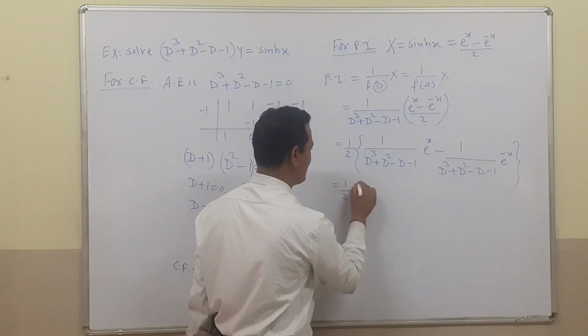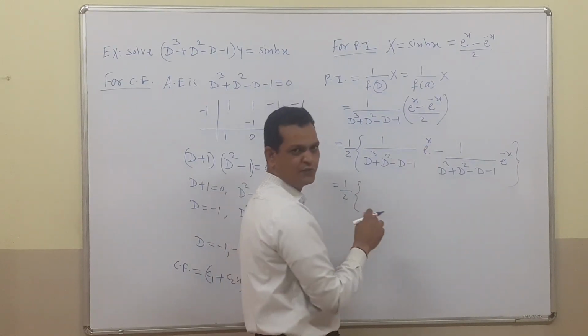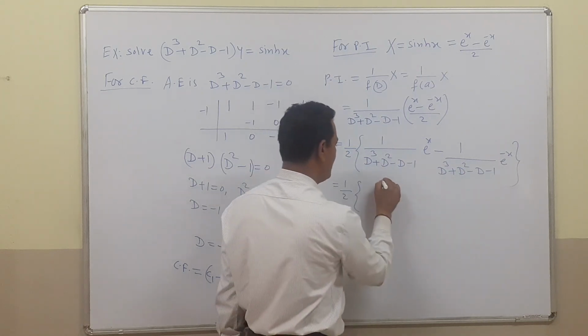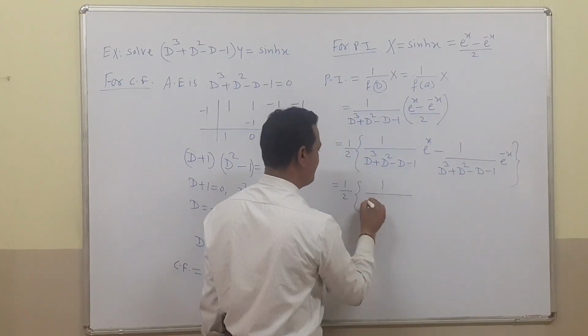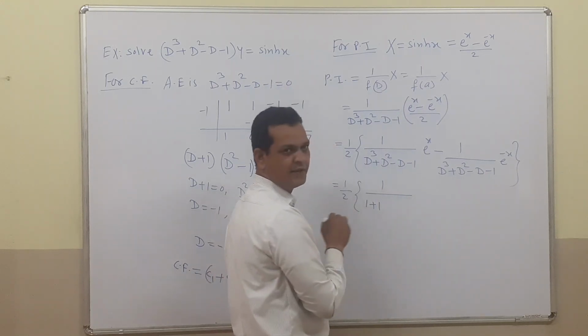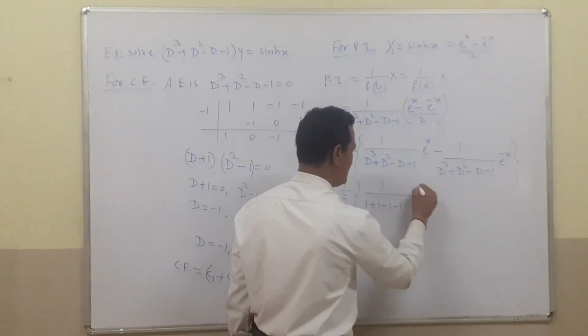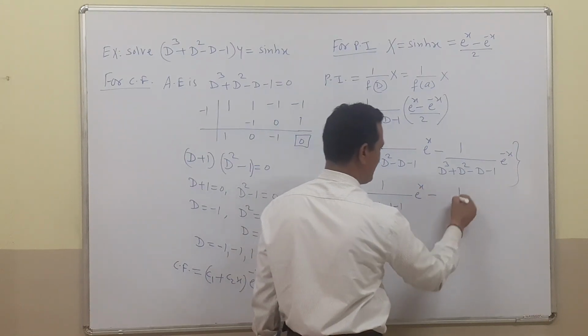So now further simplify this equation 1 upon 2. In the first term, value of a is 1, so replace d by 1. So we get 1 upon 1 cube is 1, plus 1 square is again 1, minus 1 and minus 1, into e raised to x, minus 1 upon.